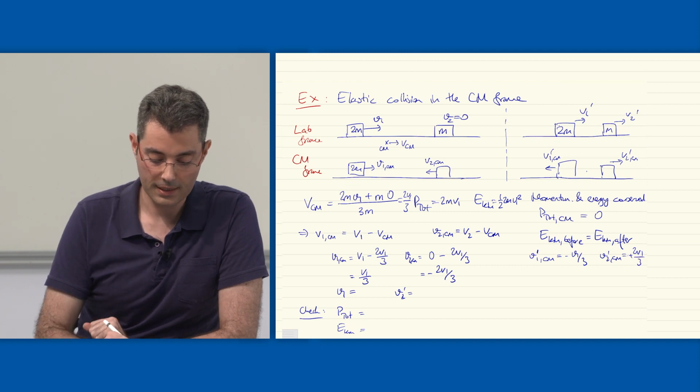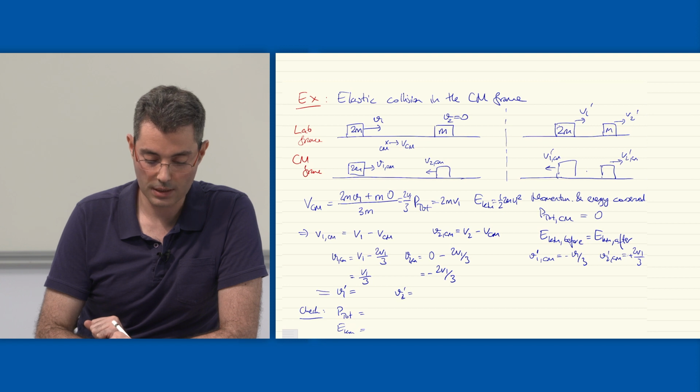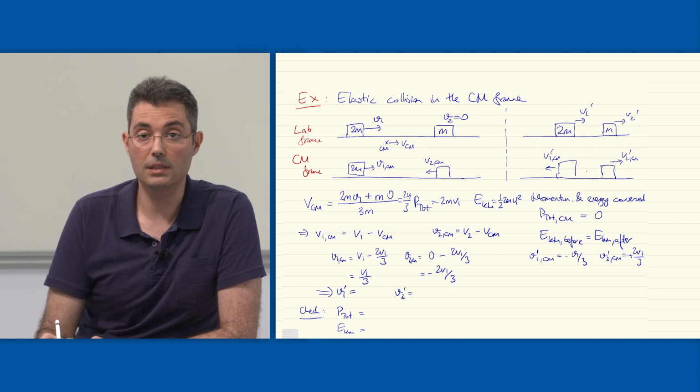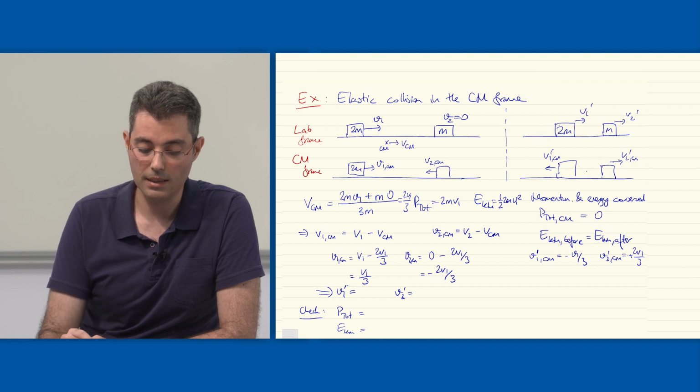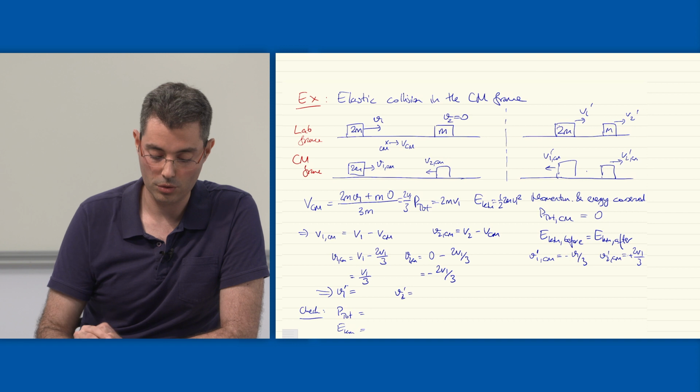Finally, going back to the lab frame, to find the velocities in the lab frame after the collision, v1 prime and v2 prime, I just add the center of mass velocity to go to this frame.